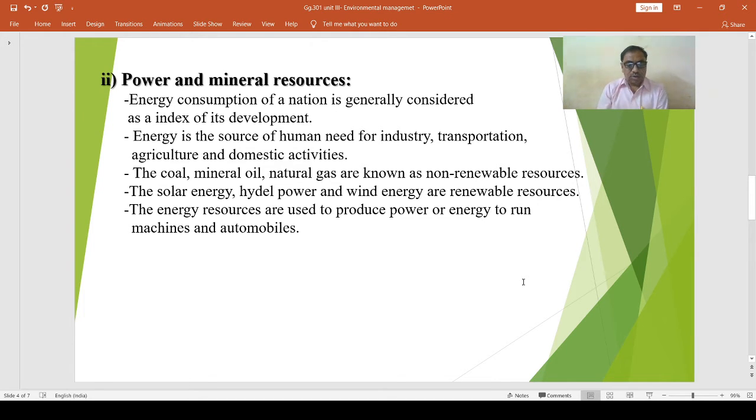The energy resources are used to produce power or energy to run machines and automobiles.